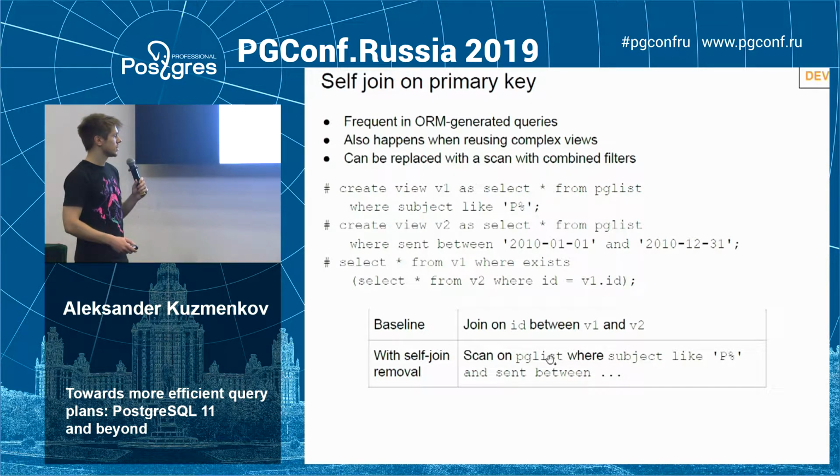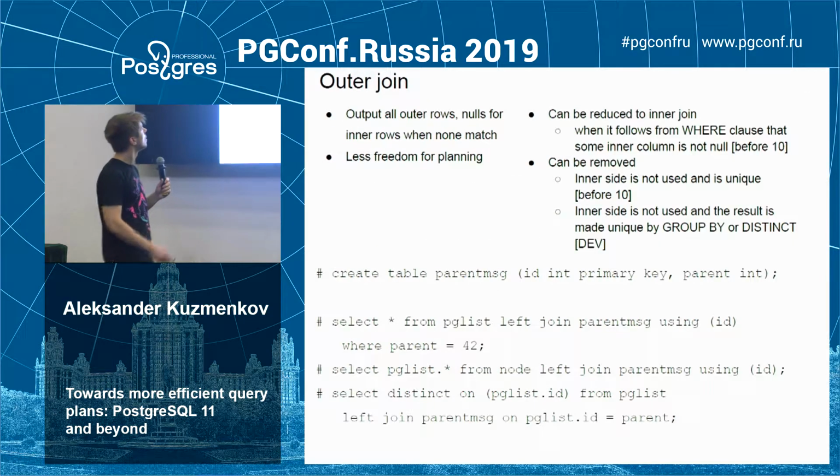It looks for these joins, discards them, and replaces them with a scan on a primary key. It's just a scan on pglist where subject like P and sent between 2010. And it can accelerate your queries and your planning by several times, because planning is always very expensive.